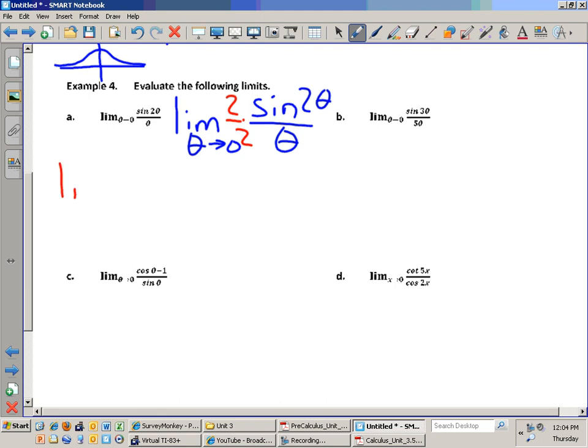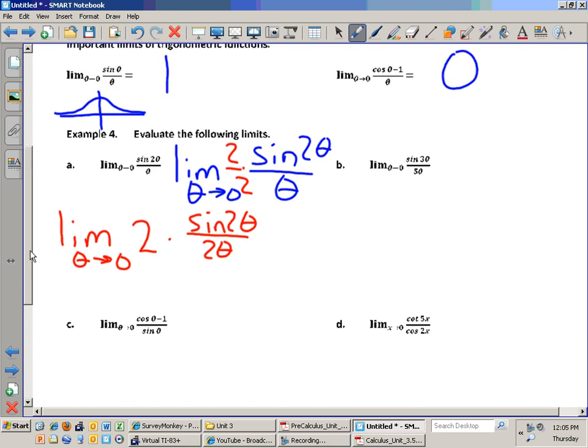If I multiply it by 2 over 2, watch what I get. I now get the limit as theta approaches 0 of 2 times the sine of 2 theta over 2 theta. It helps us a lot. We can't cross them out. But you guys, it doesn't matter whether it's 2 theta or 9 theta or 20 theta. Either way, it's the sine of an angle divided by the angle.